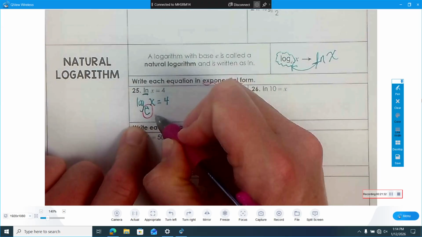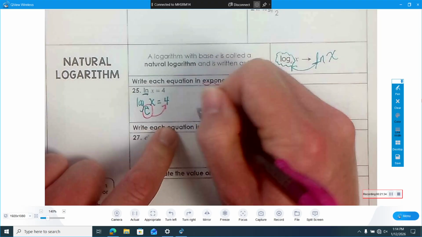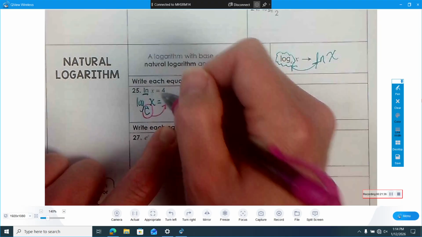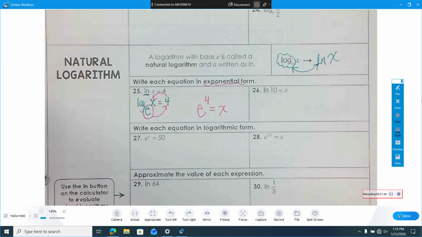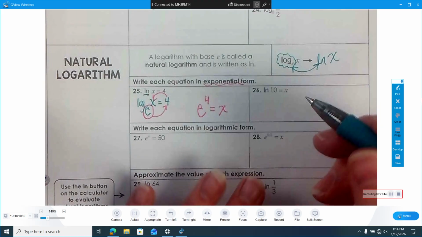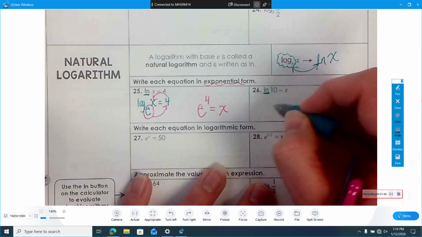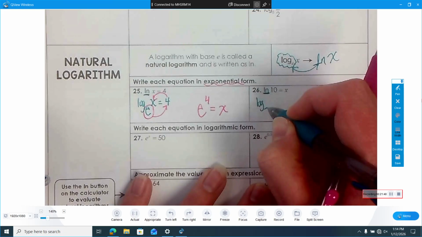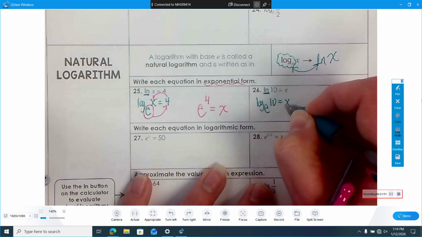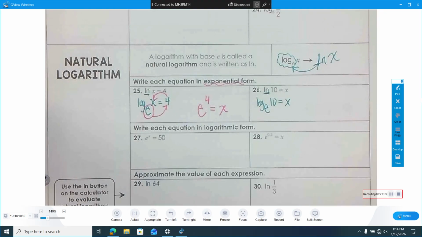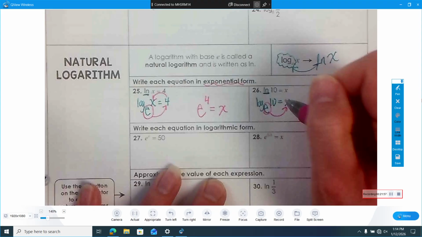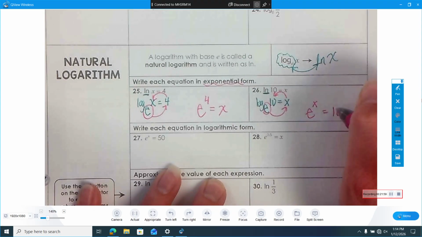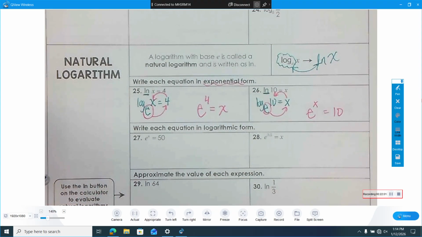So start with your base of e, swirl around, and pick up your power of 4. Keep swirling, and that equals the x. Number 26. Again, natural log. I'm missing my base. It's really log base e of 10 equals x. How do you drop a log? Swirly. So e raised to the power of x has got to equal 10. So we're just writing it in exponential form.